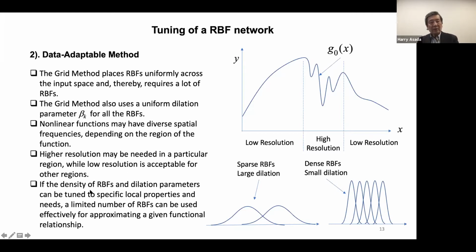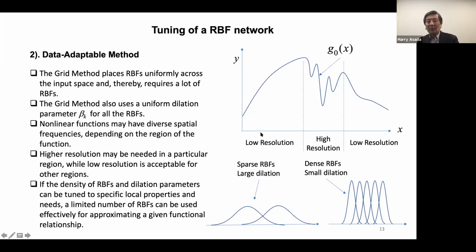So if the density of radial basis functions and the dilation parameters can be tuned to specific local properties, and also there is some particular point you really want to capture, and you don't care about this part, but you really want to capture the signals here with high fidelity. So that's what's needed. Depending on the needs, a limited number of radial basis functions can be used effectively for approximating a given function relationship.